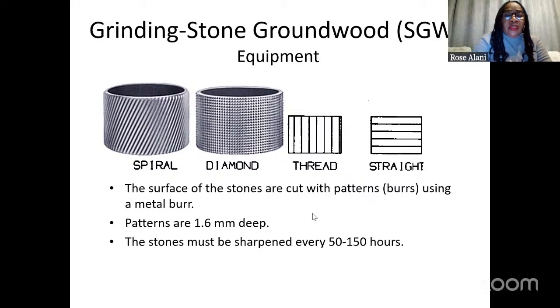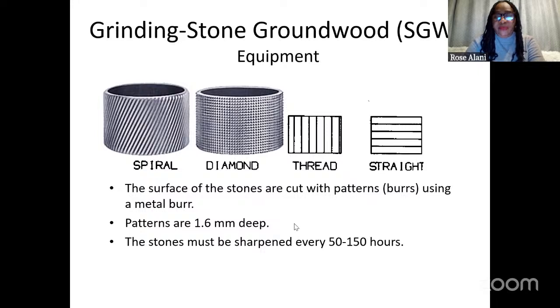The patterns are 1.6 millimeter deep on the surface of the stone. The deep pattern. And then another thing you must do is, over time, you'll be sharpening it. You sharpen it every 50 to 150 hours as you use the stone. So you keep sharpening it.